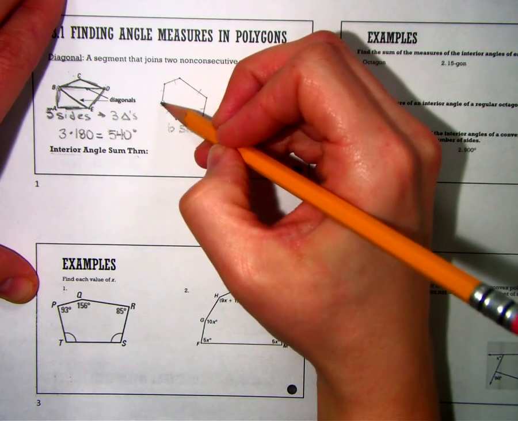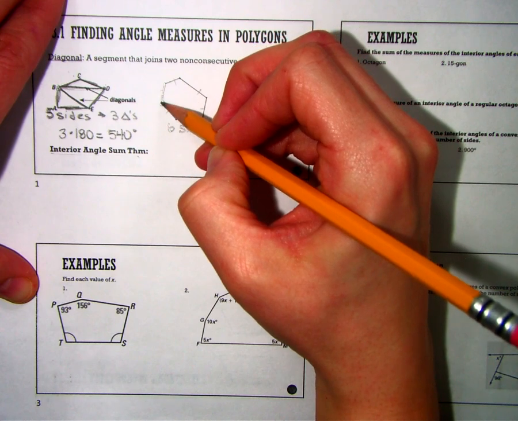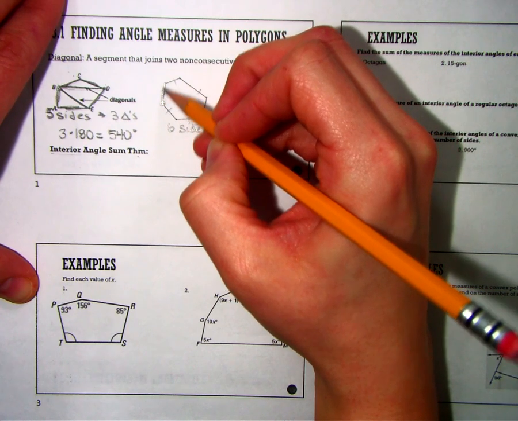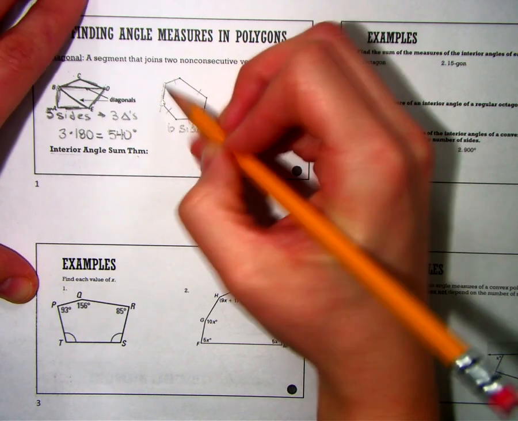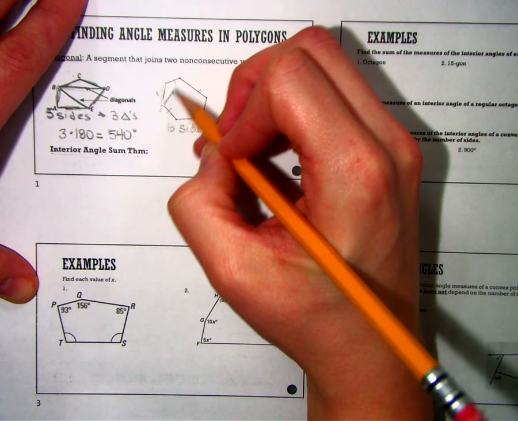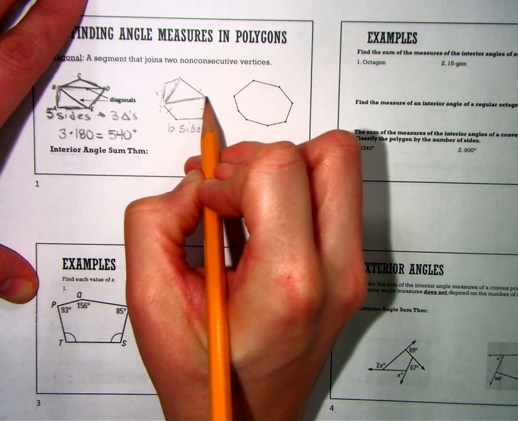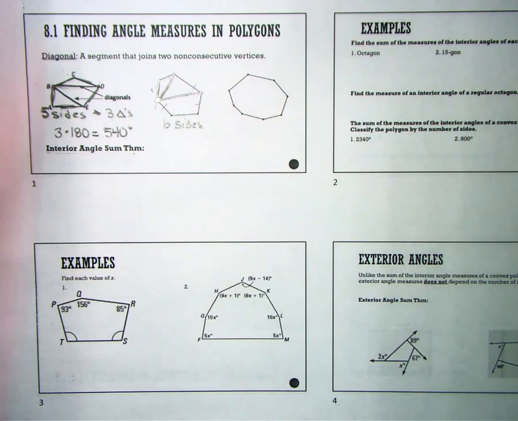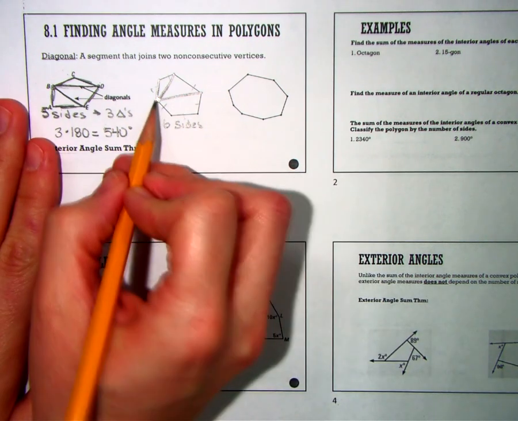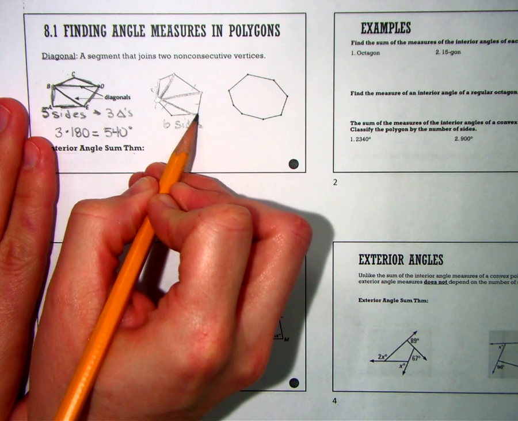So drawing this, is that going to make a triangle? No, because it's a side. So that one didn't count. But here makes a triangle. Then go across the shape. That makes a triangle. Then we can go here. That makes a triangle.